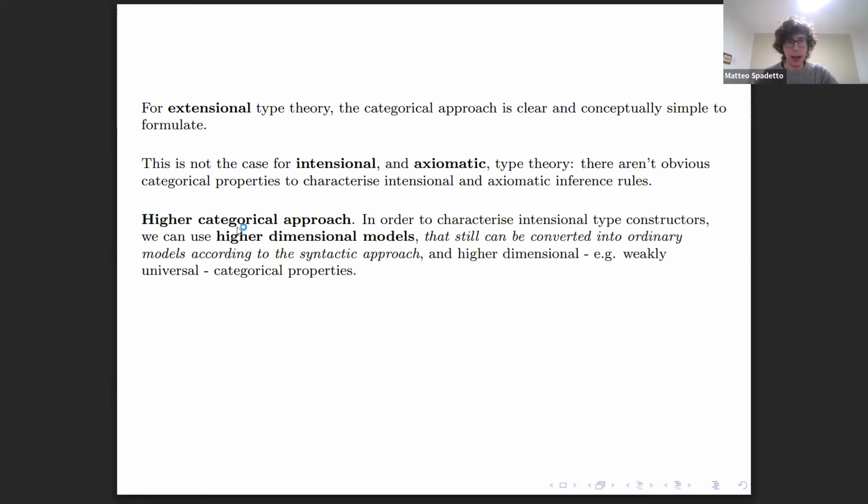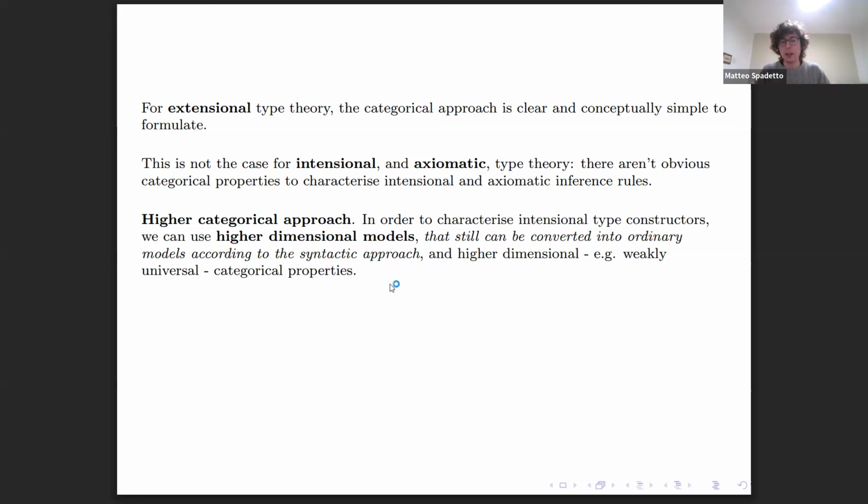So that is why we talk about the higher categorical approach, where we look for higher dimensional categorical structures, in such a way that there is a wider family of properties for our display maps that we can require in such a way that we can characterize rules for intensional type formers without making them collapse into their extensional version.